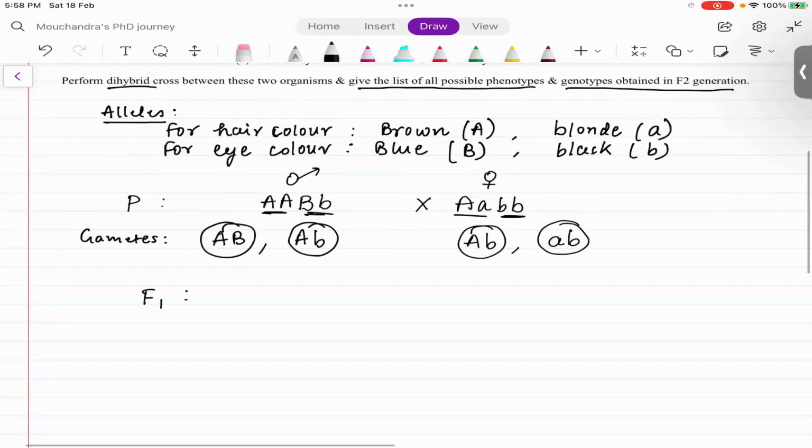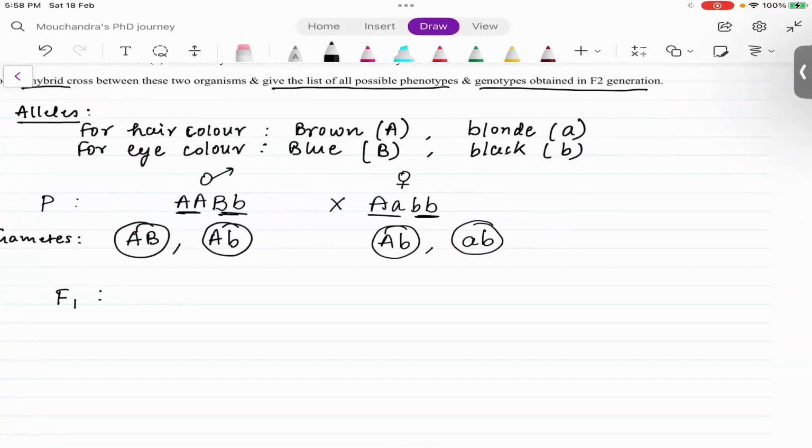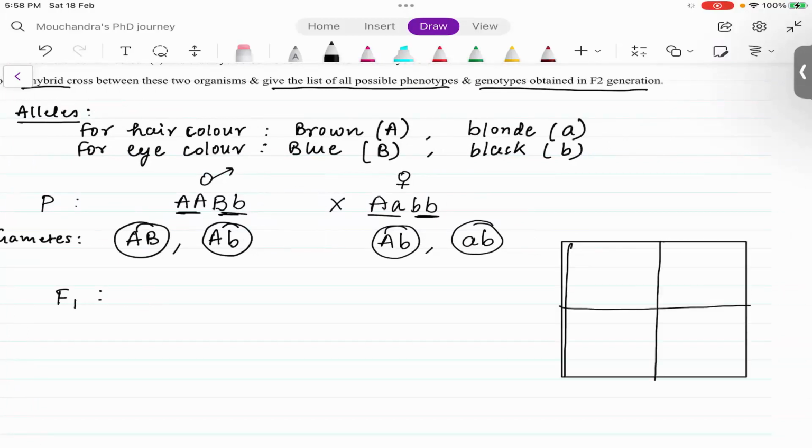Then we'll do F1. What will be F1? For that, we have to draw a Punnett square. In the top row, I'll write the gametes for the father. Here, in the left column, I'm writing the gametes for the mother.